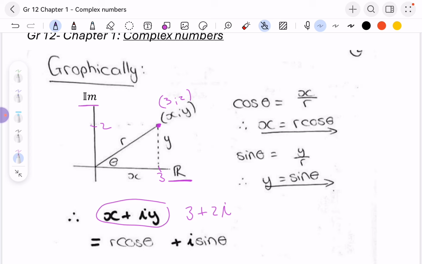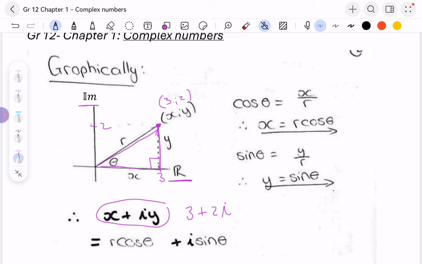If I draw my triangle, where my 3 is going to be my x value, my 2 is going to be my y value, we can go get r, the radius or the hypotenuse of that line.